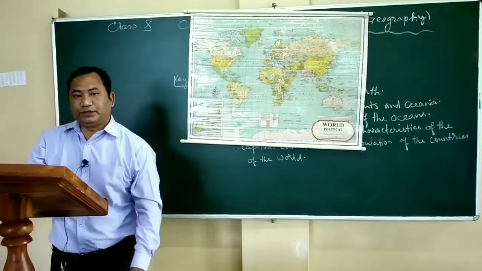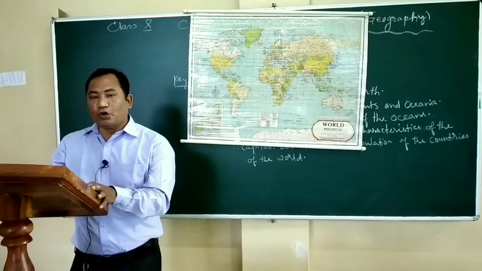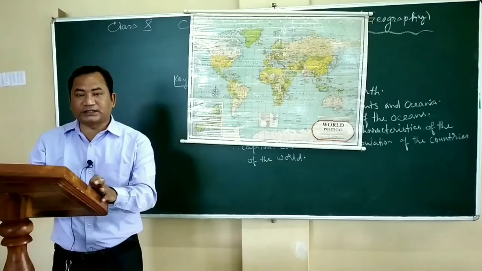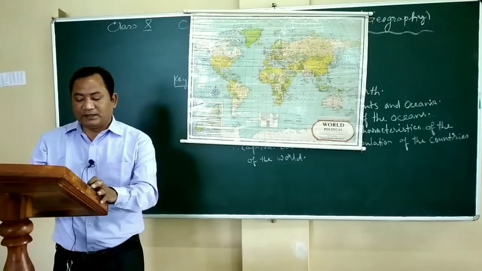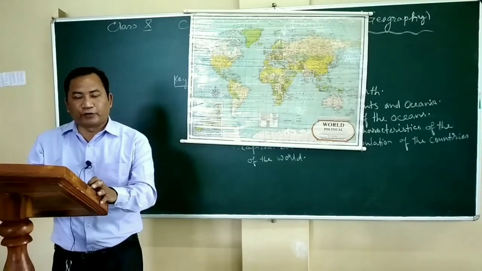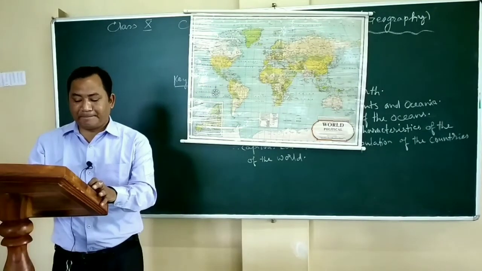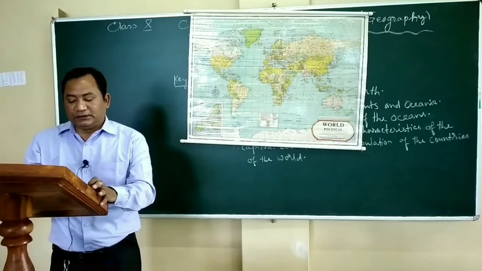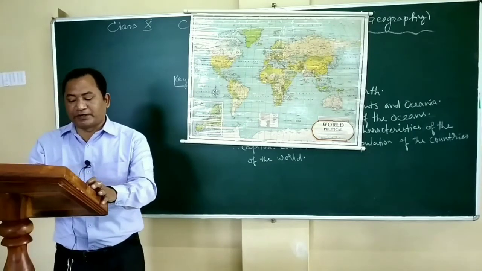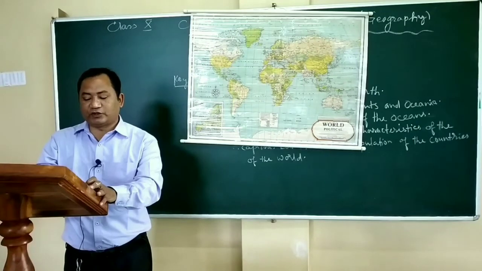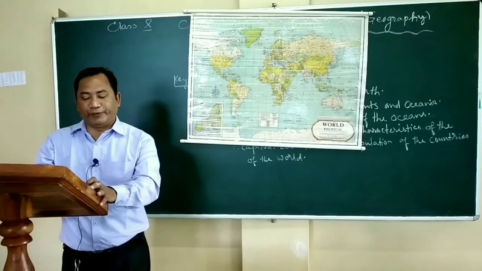But we can say that only about 29% of the Earth's surface area, that is 149 million square kilometers, is covered by land, and the remaining 71%, that is 361 million square kilometers, is covered with water.